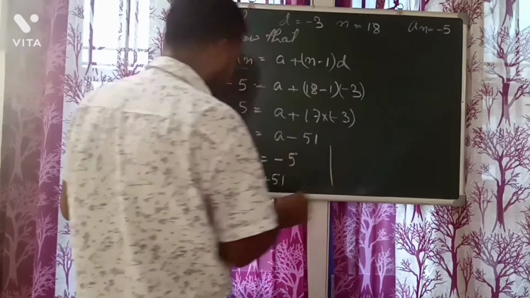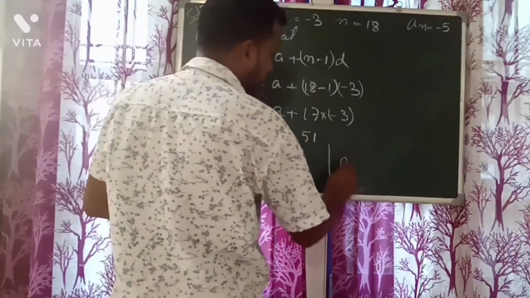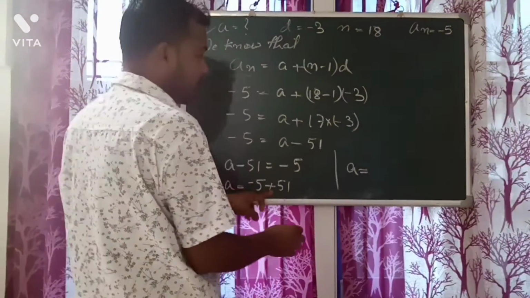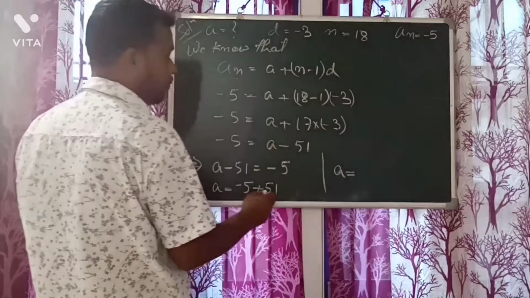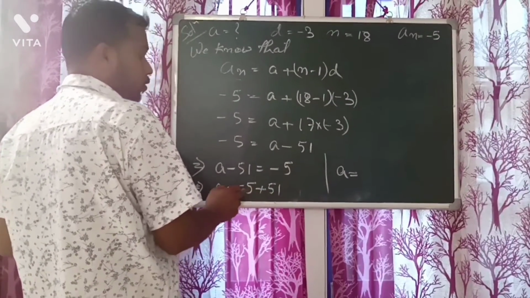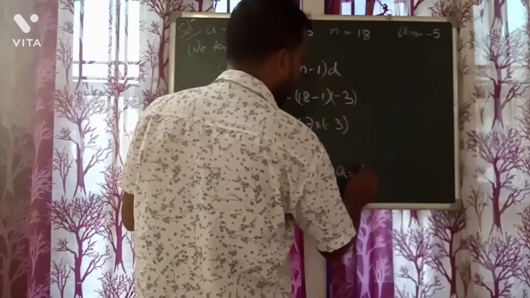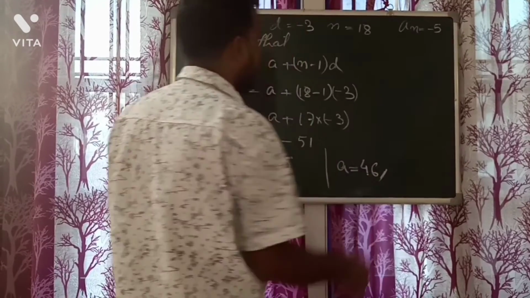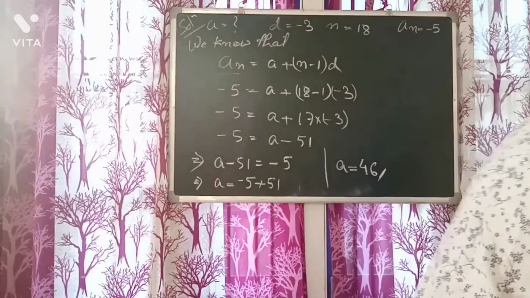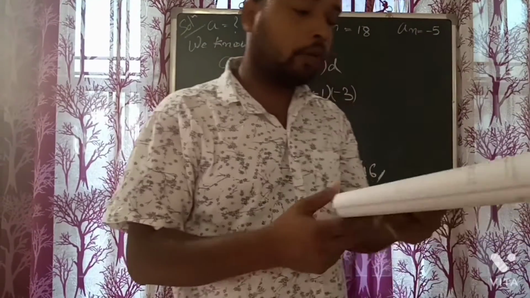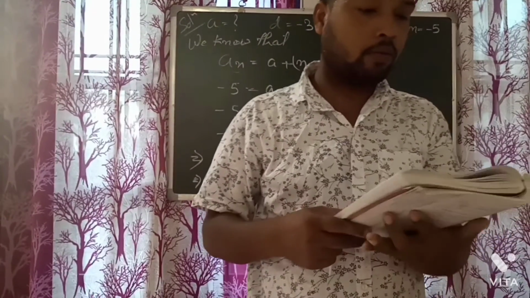Now we see that plus is more, so our answer will be positive. From 51, if 5 is subtracted, then 46 remains. A is equal to 46. Like this way, three more questions are there. These are homework for you.